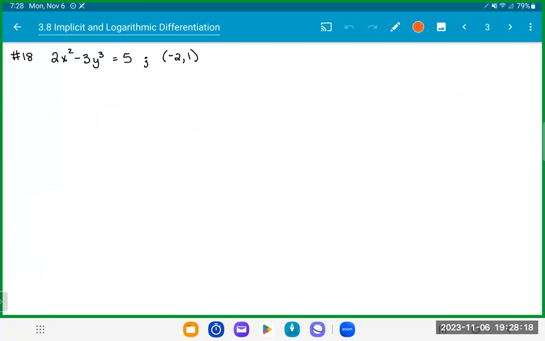So this is number 18 in our textbook, from page 359. This problem is asking us to differentiate implicitly to find dy dx and then find the slope of the curve at the point that was given.